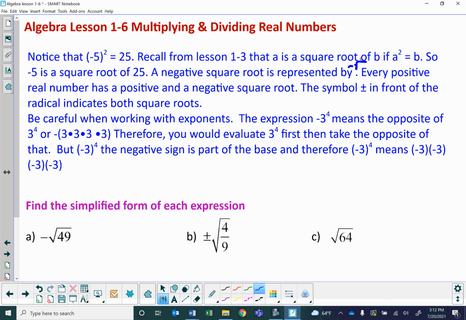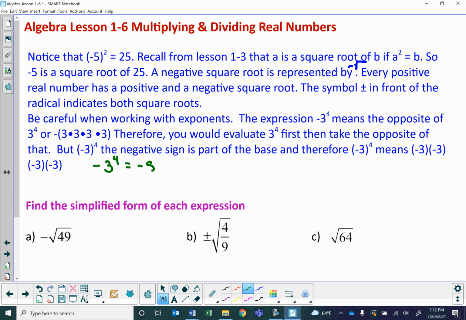So be careful when working with exponents. The expression negative 3 to the 4th actually means the opposite of 3 to the 4th, or negative parentheses 3 times 3 times 3 times 3. Therefore, you would evaluate 3 to the 4th first and then take the opposite of that. But negative 3 in parentheses to the 4th, the negative sign is inside the parentheses, so it is part of the base, and therefore means negative 3 times negative 3 times negative 3 times negative 3.